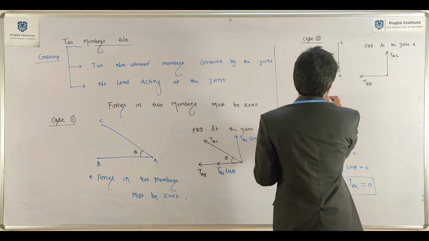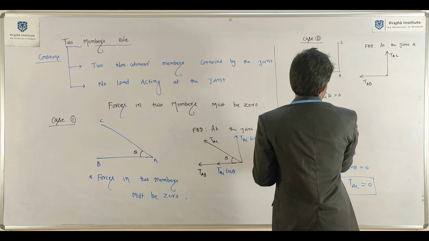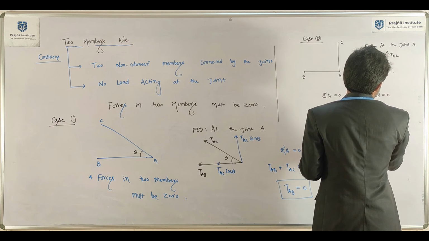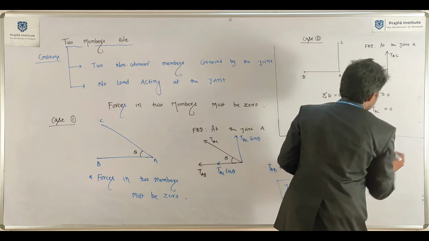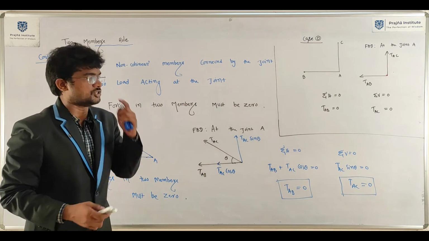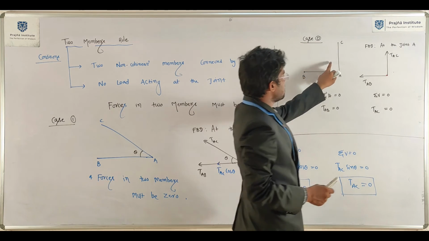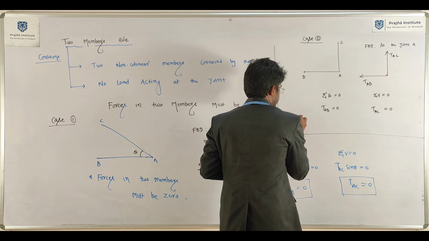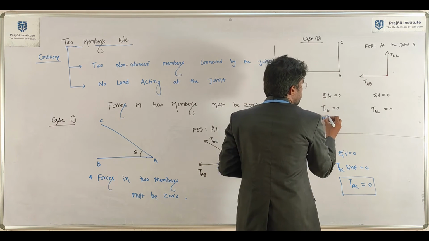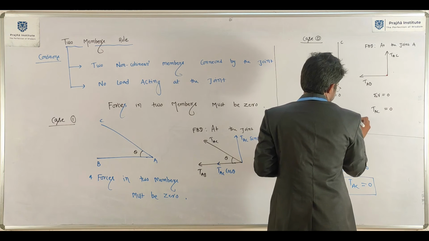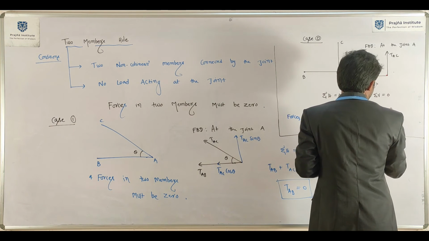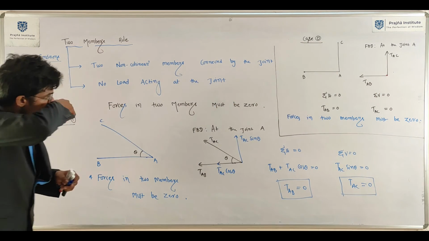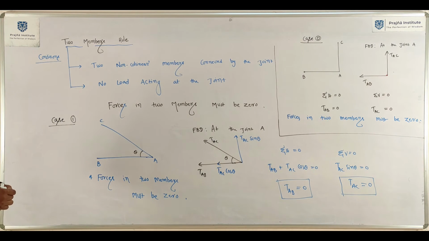Sigma H equals 0, then TAB equals 0. Sigma V equals 0, then TAC equals 0. So here forces in two members must be 0. Two non-collinear members meeting at the point, then forces in two members must be 0. That's it. Clear?